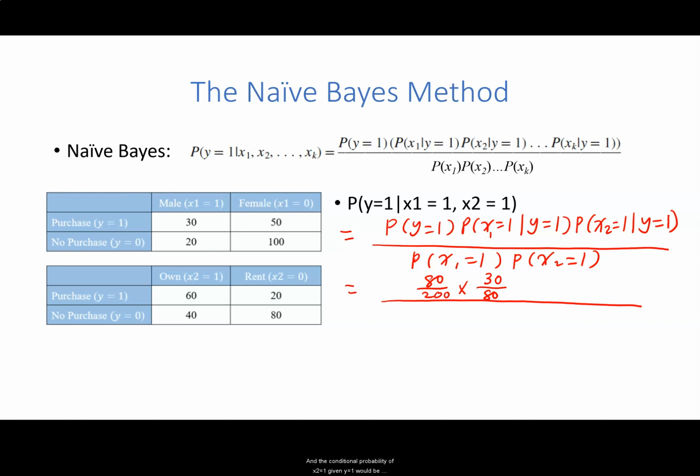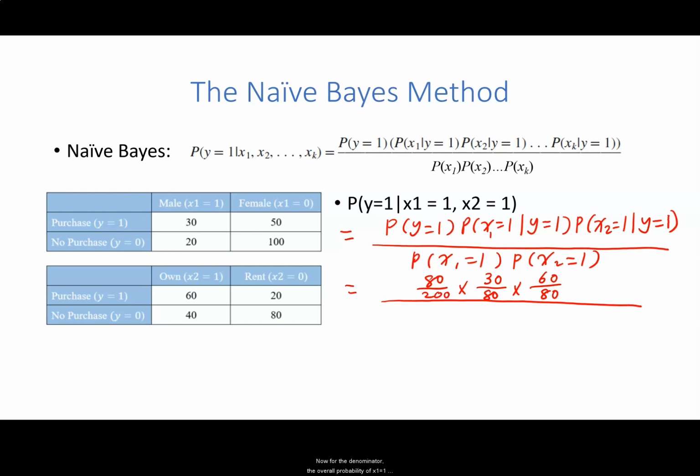And then the conditional probability of x2 equal to 1 given y equal to 1 would be 60 over 80 because there are 60 homeowners among the 80 purchasers.